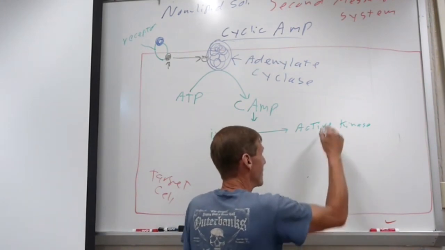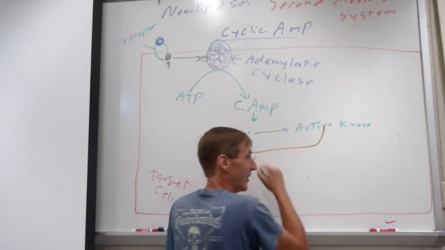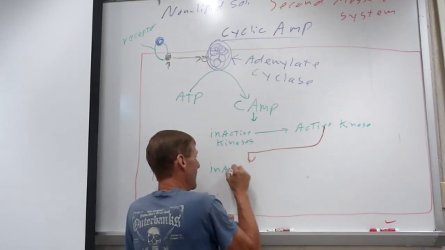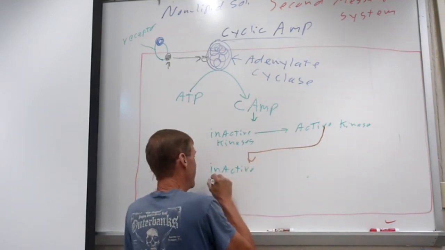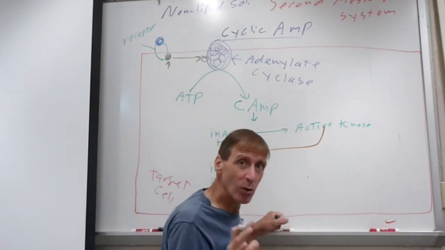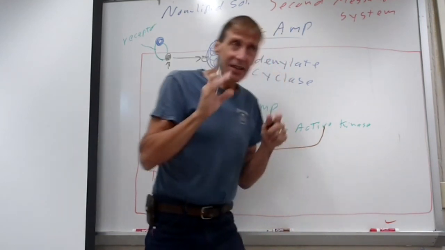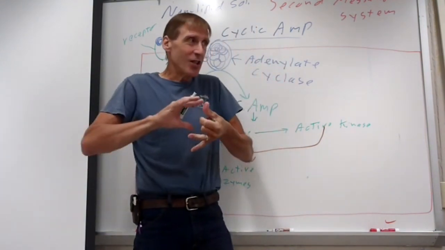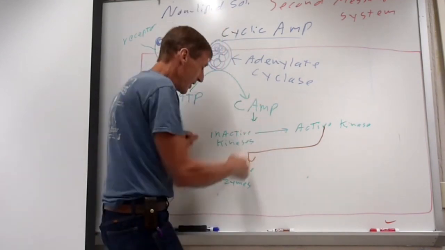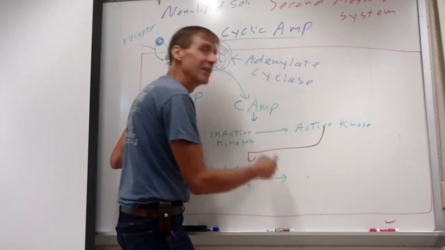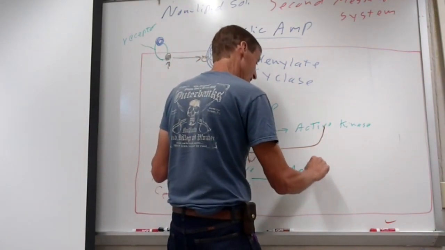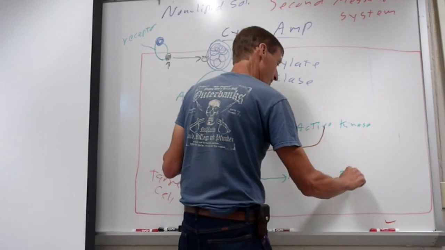The active kinases will then take other inactive enzymes. You see, you have a boatload of enzymes in the cell. They're already pre-made. They're just in a conformation that doesn't allow them to have enzymatic activity. These protein kinases will take the inactive enzymes and convert them into active enzymes.